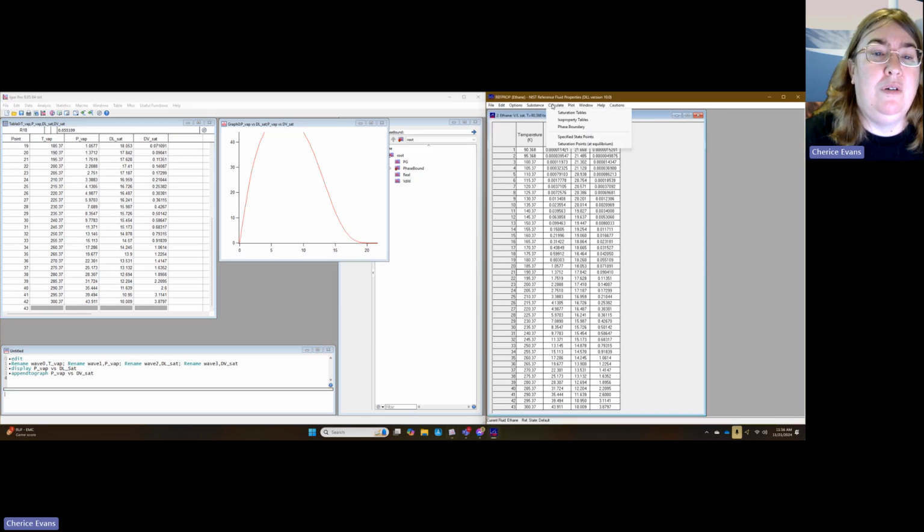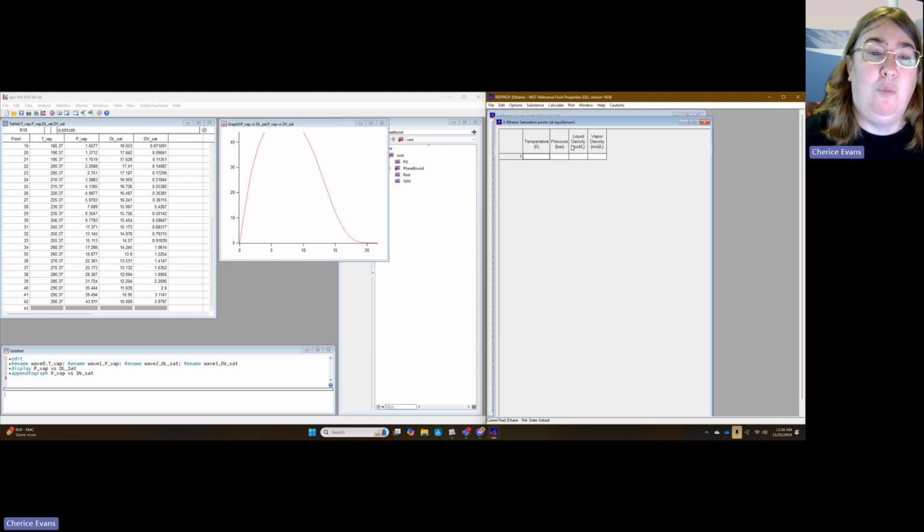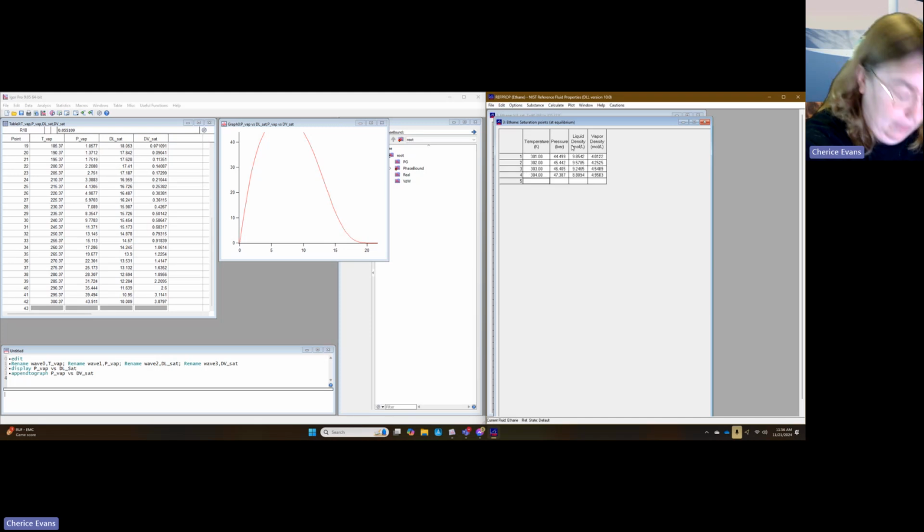So what I'm going to do now is come back and calculate the saturated points at equilibrium instead of just a broad table. And I'm going to step it: 301, 302, 303, 304.